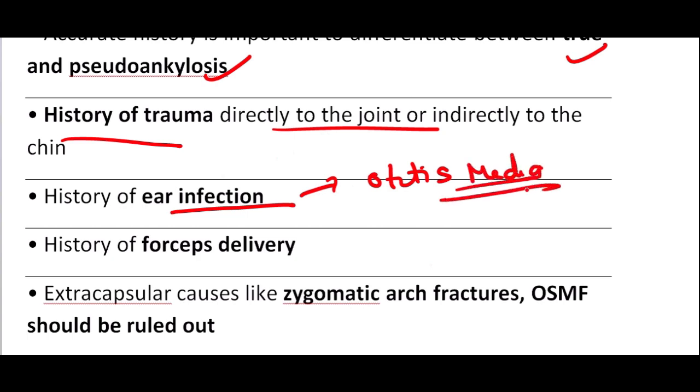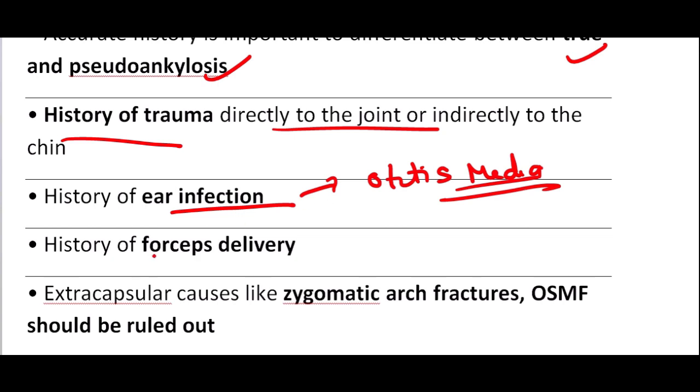So chronic or severe ear infection, especially if left untreated, can lead to involvement of nearby structures that results in TMJ ankylosis. So there could be inflammatory processes or infections near the joint that can lead to ankylosis.